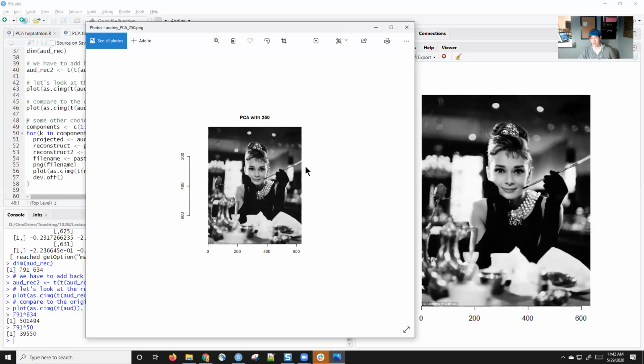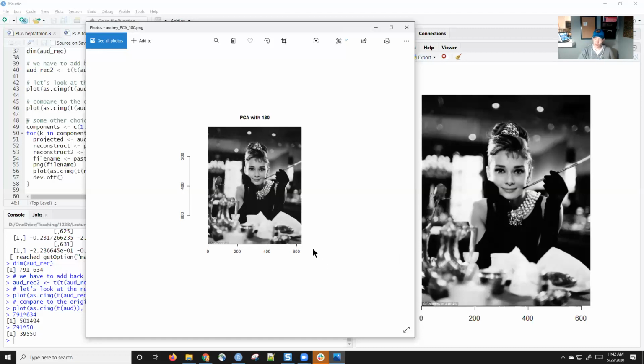We get quite a bit, and the difference between 250, 300, 400, and 500 principal components is hardly noticeable. As far as the difference in image quality, even between 180 principal components and the original, it's difficult to tell the difference.